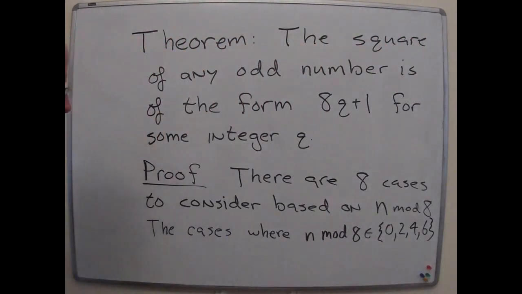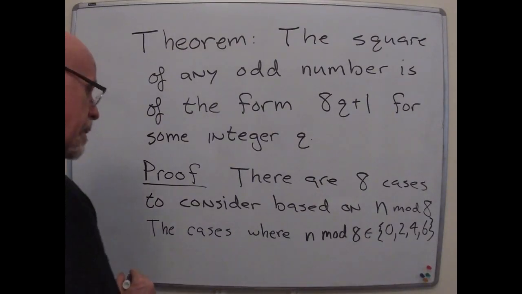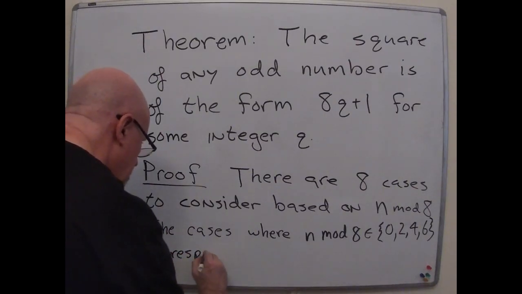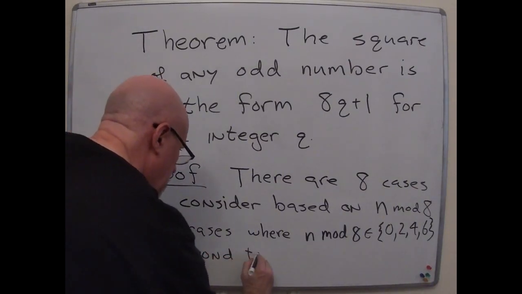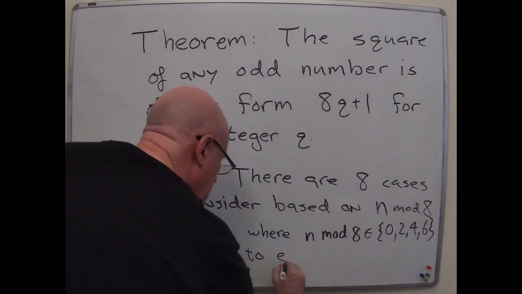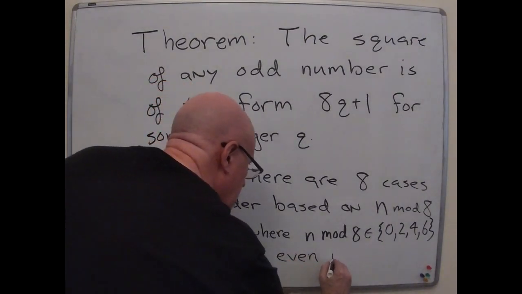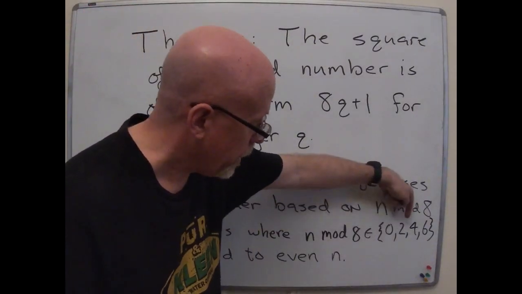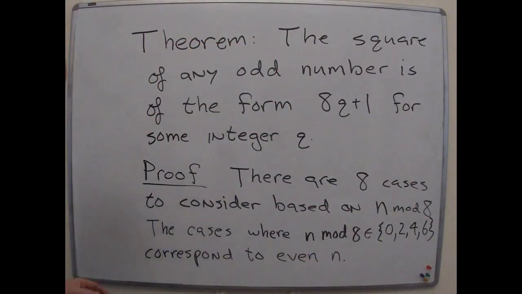The cases are irrelevant, really, because those numbers will correspond to even n. So what we're going to need to look at are the individual cases where n mod 8 is 1 or 3 or 5 or 7, the odd numbers that are amongst the remainders.